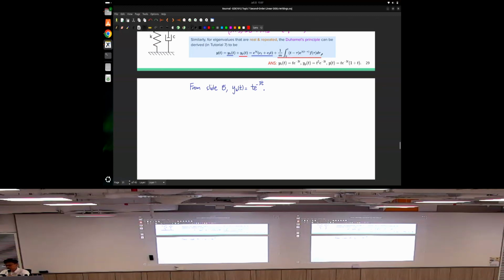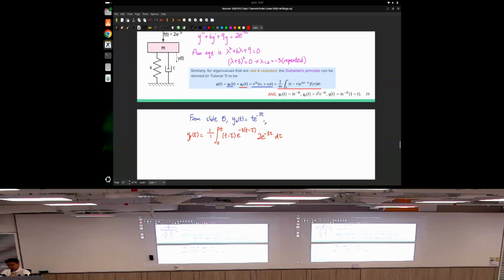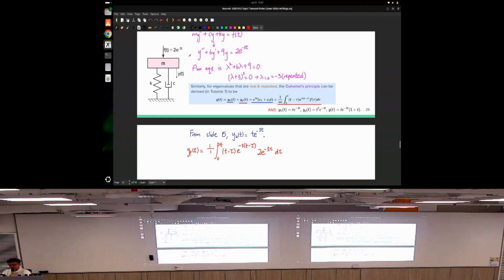Now, what about YP? Perform the integration. YP of T equals 1 over M, which is 1 over 1, integrate 0 to T, T minus tau, e to the lambda, but lambda is minus 3, times T minus tau. Then F of tau is 2e to the minus 3 tau. I just substituted the 2e to the minus 3t, replacing t by tau because it's F of tau.